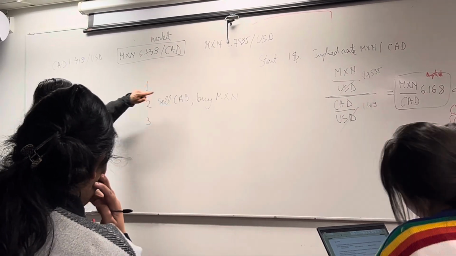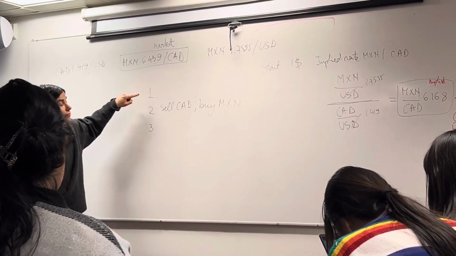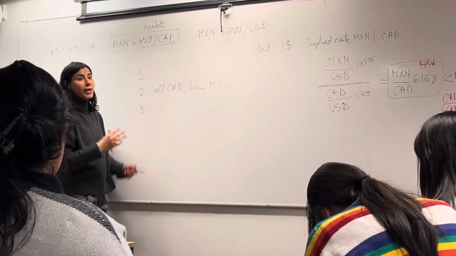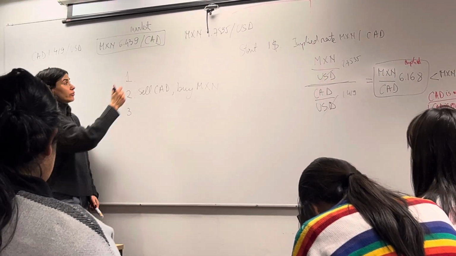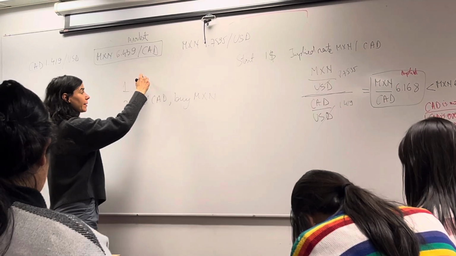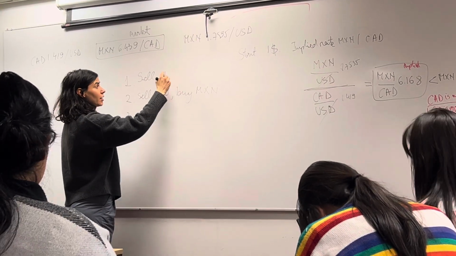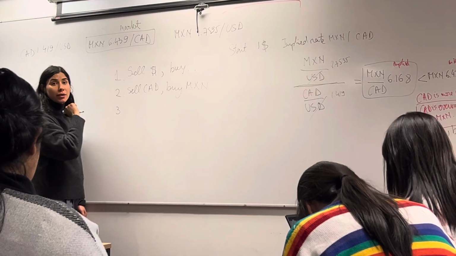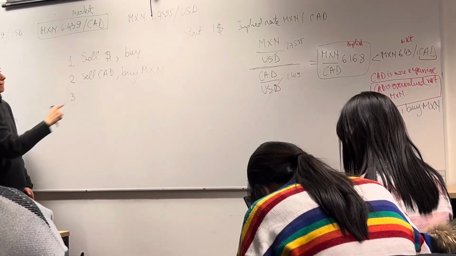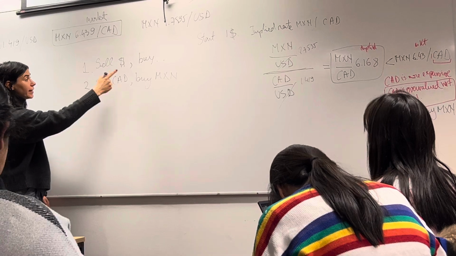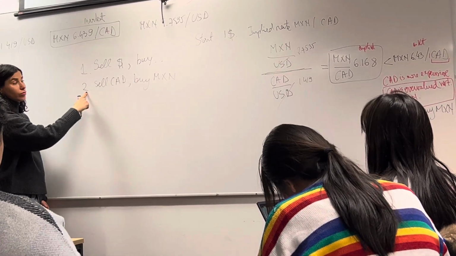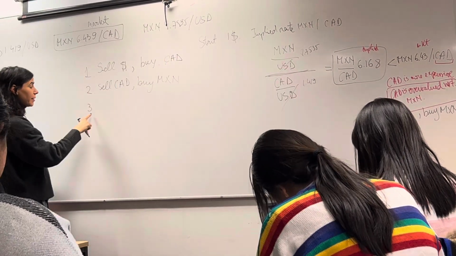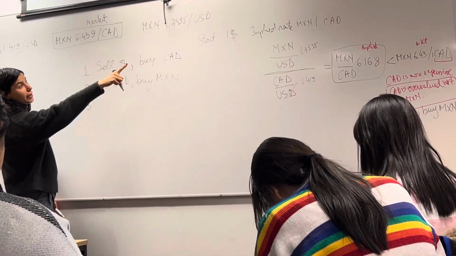Step 1 is also easy because it is given partly by the question. We start with $1, so we have $1. To get the ball moving, we sell the dollar and we buy something. What should we buy? The Canadian. Yes, we buy the currency we need to sell in step 2. So it's the Canadian. And step 3 is easy because you always go back to dollars.